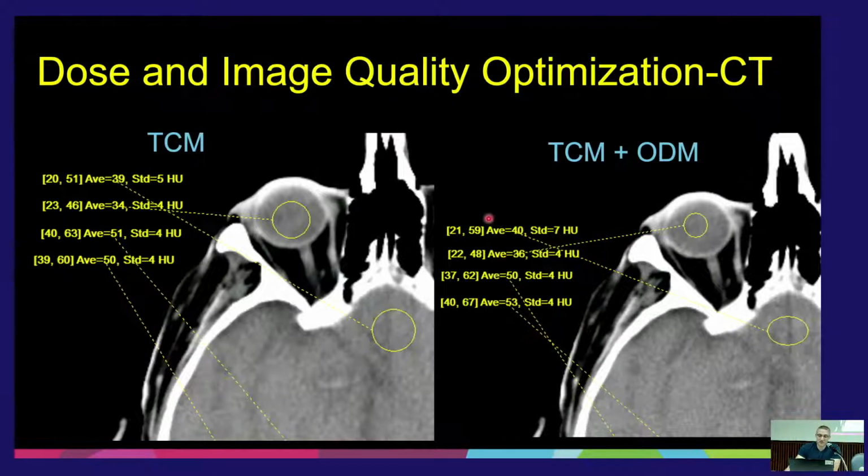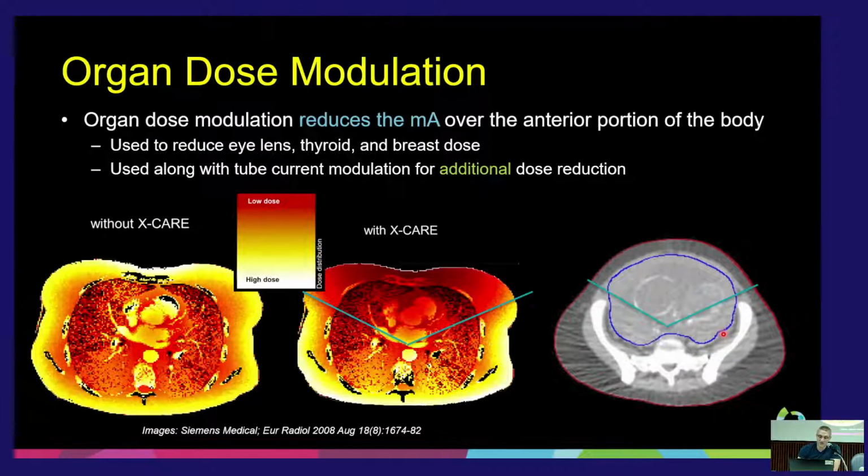Now, I don't expect you to be able to read this or care, but basically I was just looking at noise, and noise did not increase anywhere anteriorly in the body where the mA was theoretically reduced, and we didn't see any new artifacting or anything. We've seen that in the body too. We use organ dose modulation on everything. Oh, here's that slide I was talking about. So once again, there is one vendor out there that will reduce it on one angle and increase it on the other. And so you just have to be careful you're not increasing the dose to the fetus.